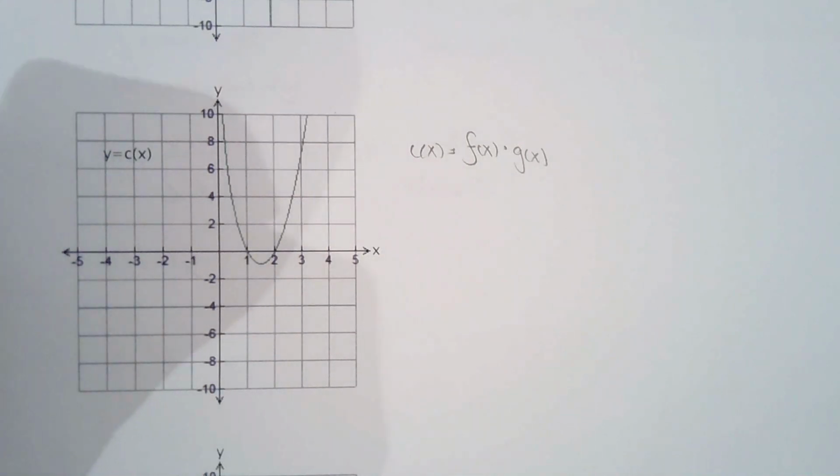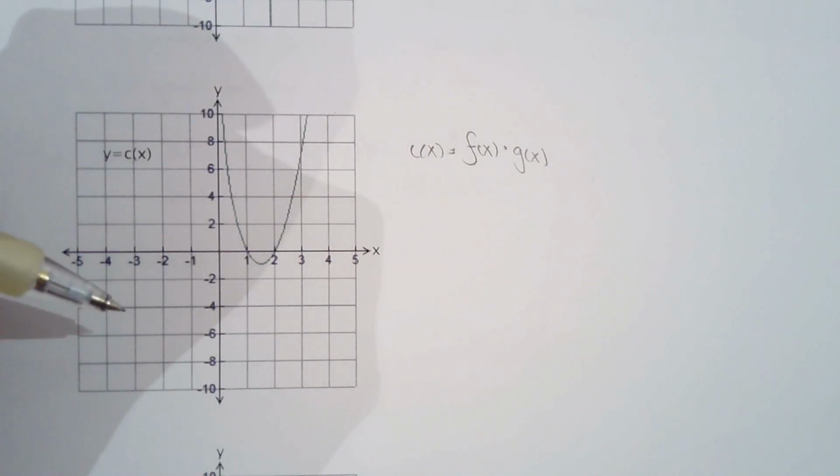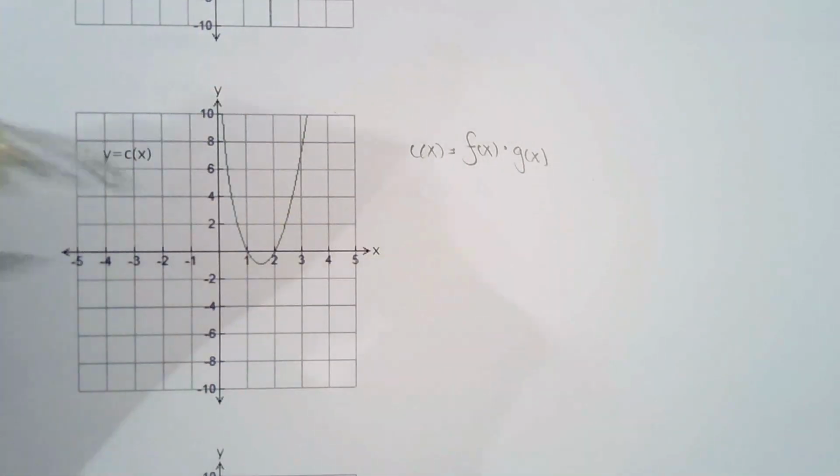C of x was created by multiplying f and g. Now, the hard part is supporting it with your points and making sure that after you've written down your 3 points, it leaves no doubt that c of x could be created using another way, or using another combination of f and g.